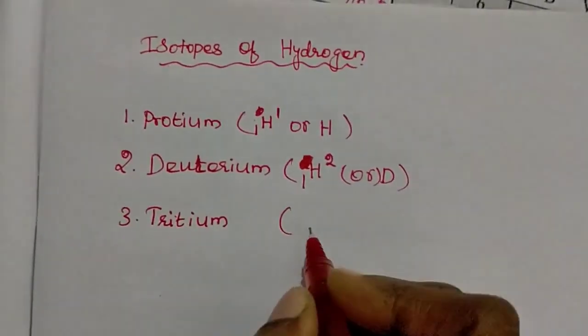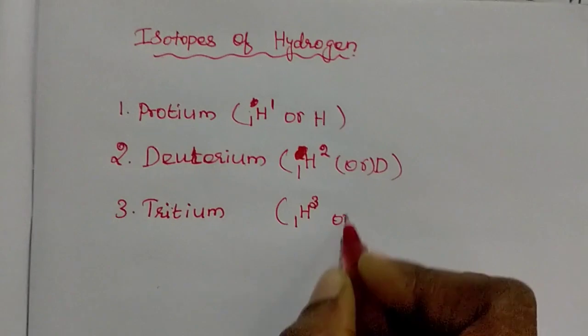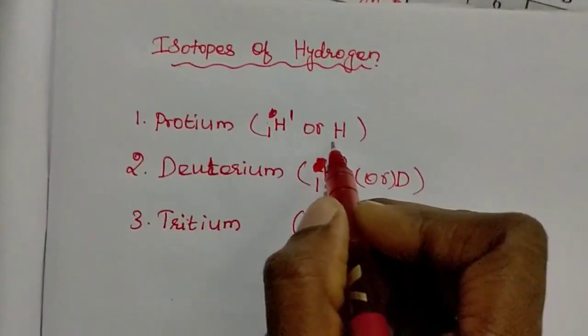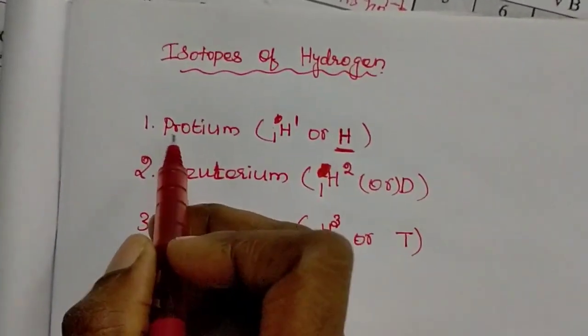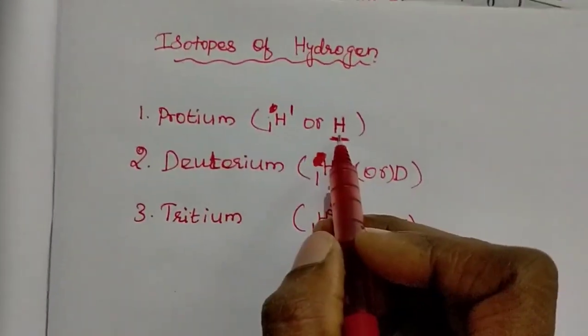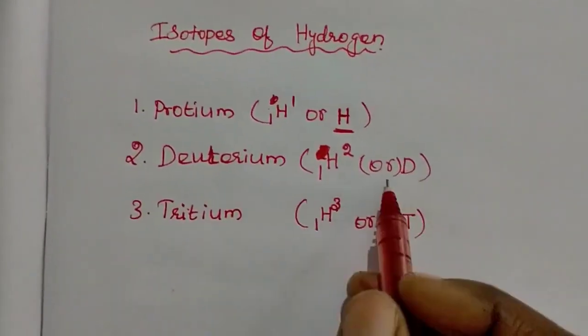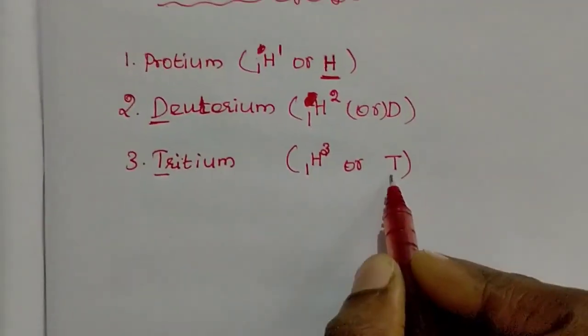It is denoted as 1H3 or T. So protium is denoted H, deuterium D, the first letter, and tritium T.